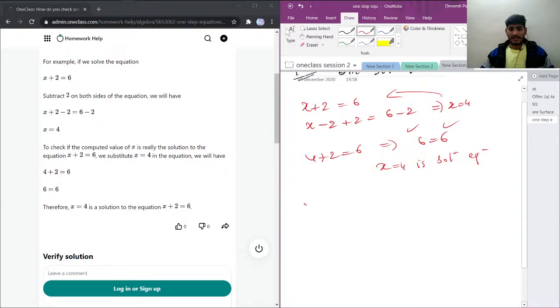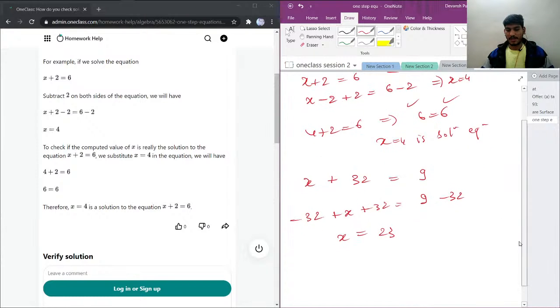I can take one more example. Let's say x plus 32 equals 9. In this equation I'll subtract 32 from both sides. So x equals 9 minus 32, which will be negative 23.